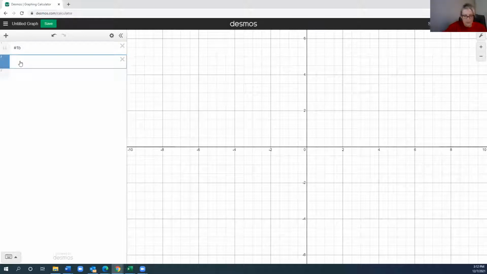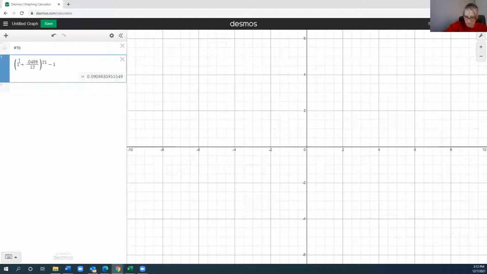It's going to be parentheses 1 plus 0.0498 divided by 12, parentheses, up to the 12, minus 1. Oops, this should be 12.